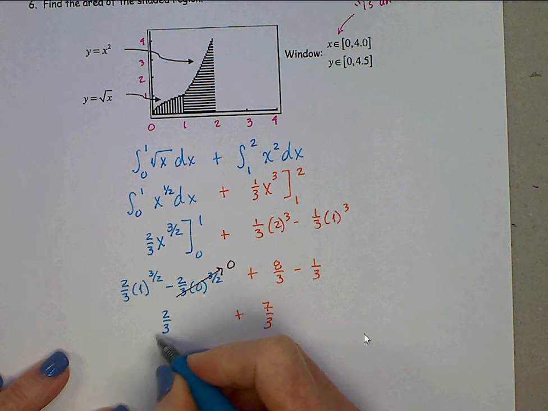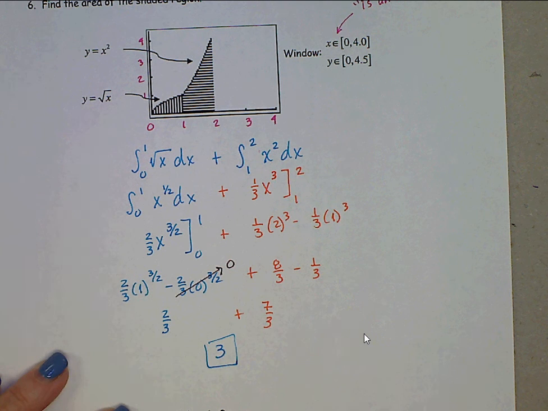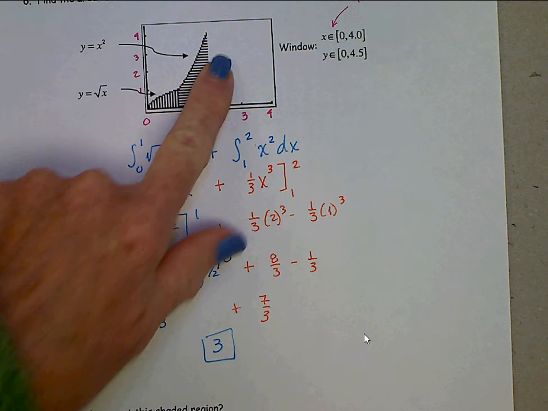Then putting these two together, 9/3, which is 3. And there's your answer for the area of that shaded region.